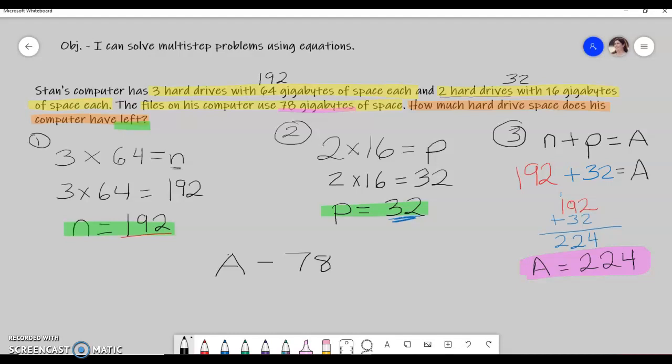So 78 taken away from A equals, we'll call this the letter Y. Like, you're kidding me, there's so many steps.